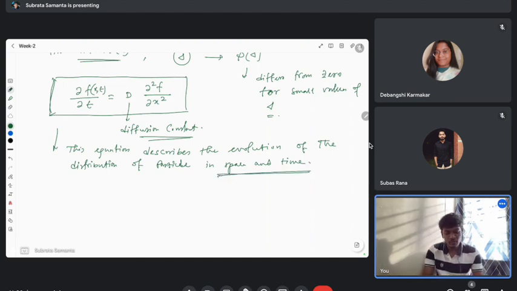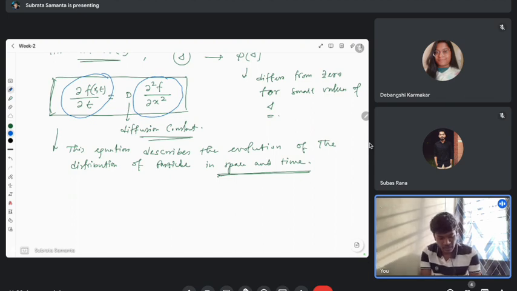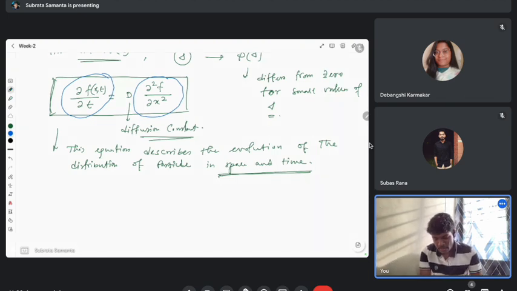The del squared f by del x squared is the derivative with space, and the left hand side is the derivative with time. So they are related via the diffusion constant.